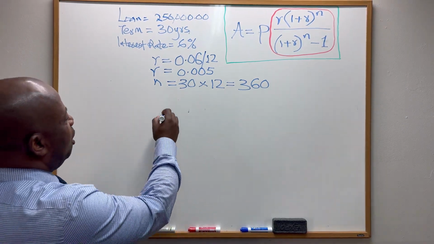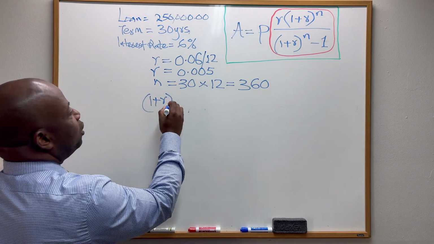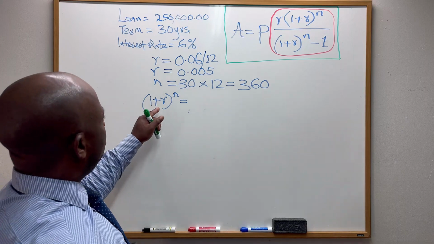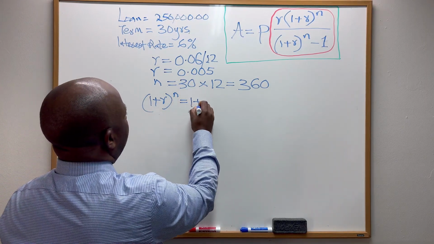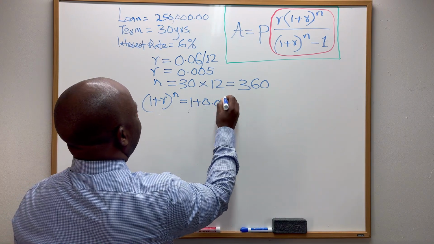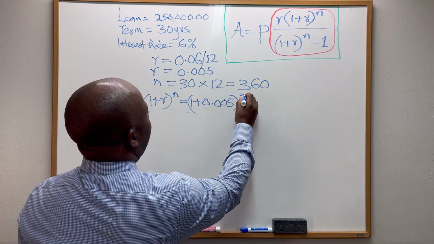So from our formula, we need 1 plus r raised to power n. So this will be 1 plus 0.005 raised to power 360.